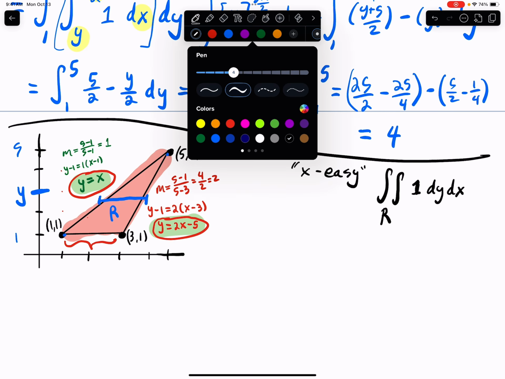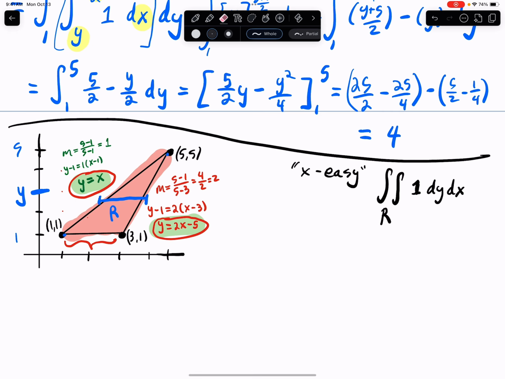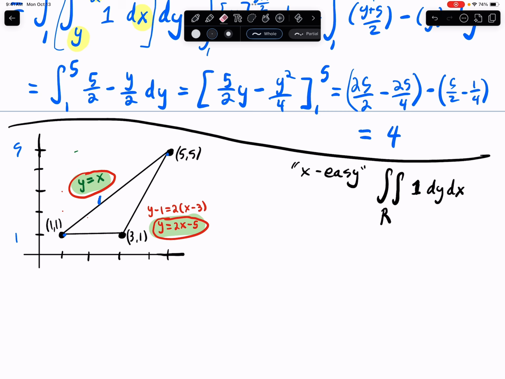So all the same stuff applies here. All right, we got our equations. We calculated all that already, so I don't need to write all that again. Okay, so I have my two equations. This is for that line, and then this is for this line.